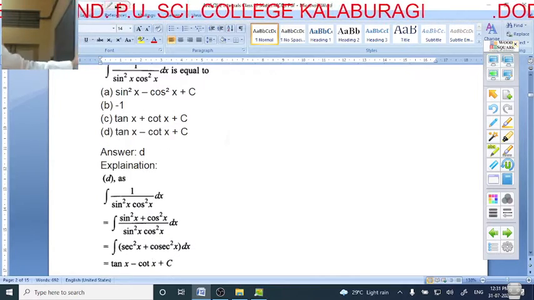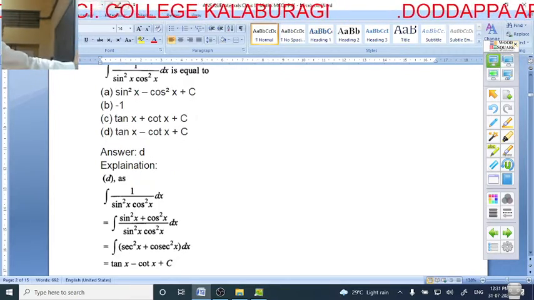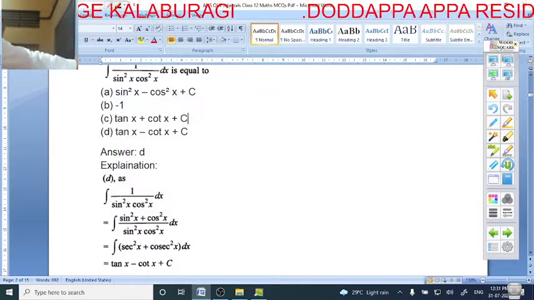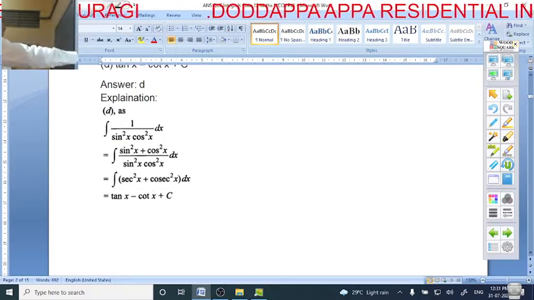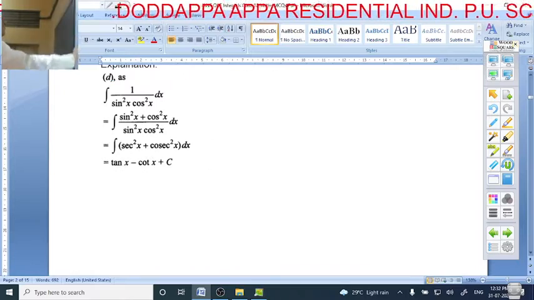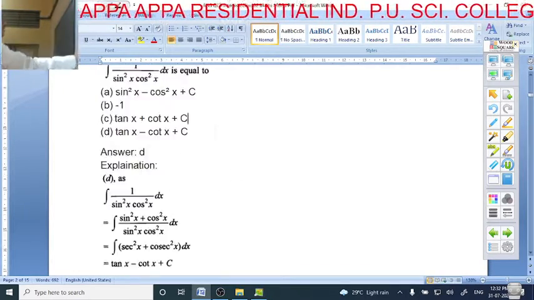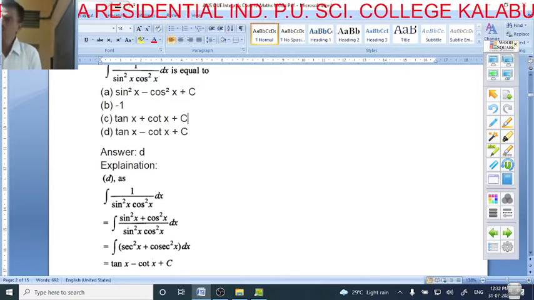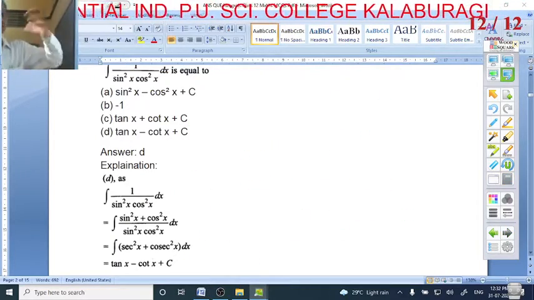In this next example, see what is the difficulty of this integration? We are not able to integrate functions which are in quotient form, because we don't know a straightforward formula to integrate.